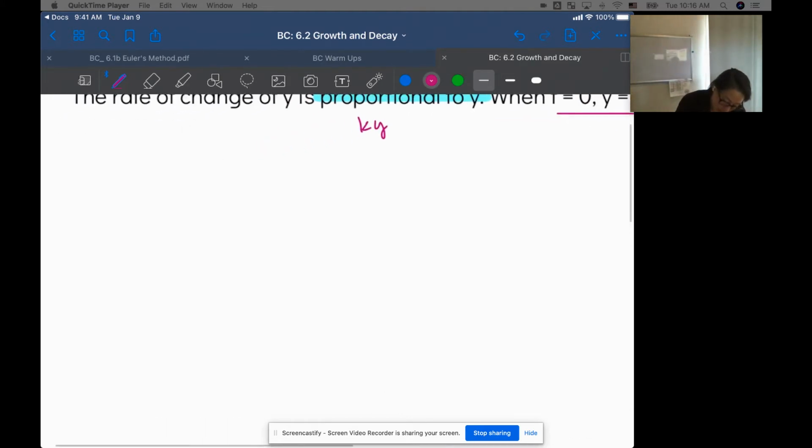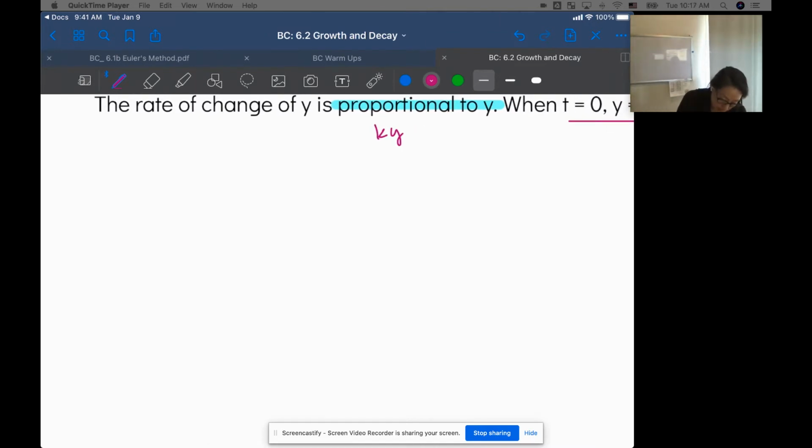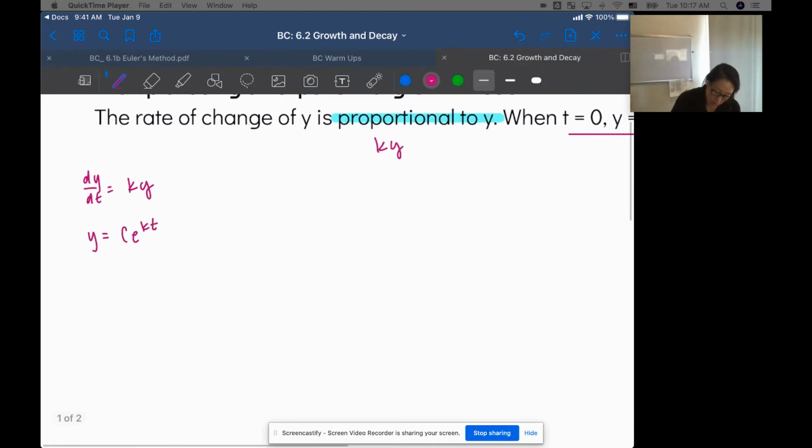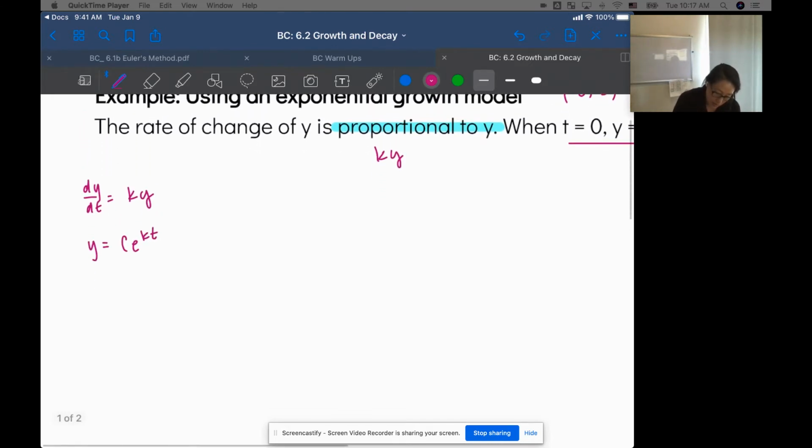So we really just need to write an exponential function. We're going to start with dy over dt is equal to k times y. We know that when we integrate, we end up with y equal to c times e to the kt. We have 2 points that our function passes through, (0, 2) and (2, 4). I recognize that 2 is my c value because it is the initial value of my exponential function.